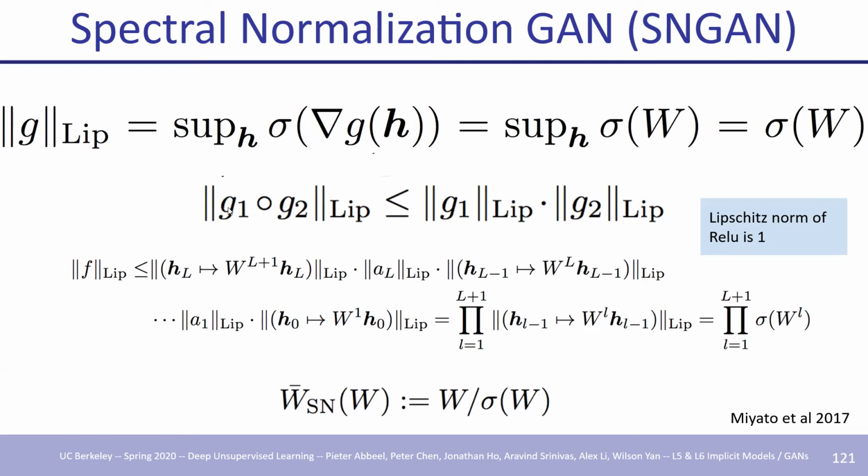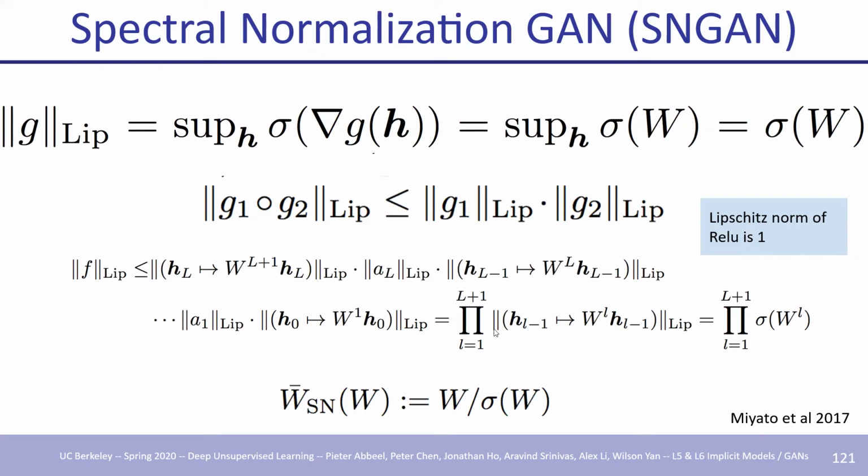So in the neural network, it goes from G1 to G2 to G3 in all these layers. So we can just divide them out, and that's what it's doing. So we have the last layer, and then the activation, and then the one before, and then all the way back to the first layer. And for the activation functions, the Lipschitz norm of ReLU is 1, so we can remove all of those.